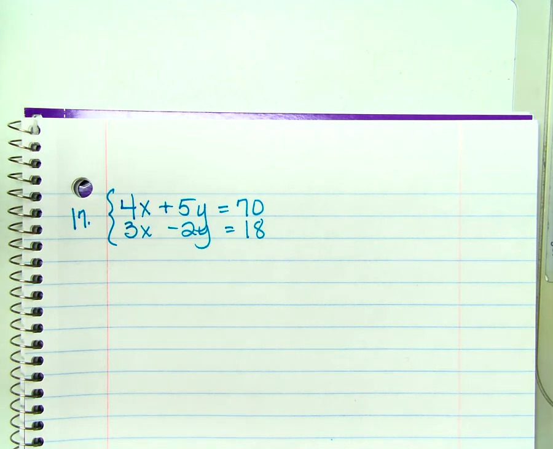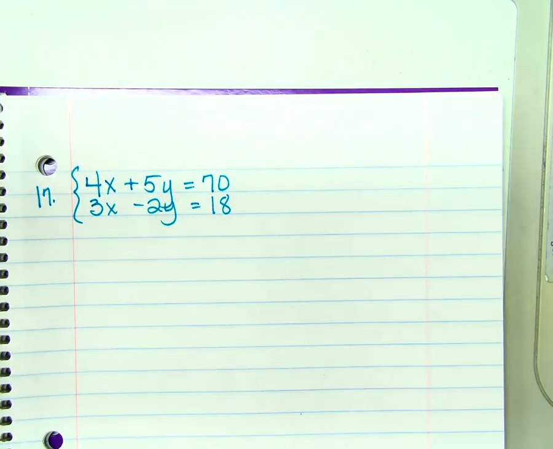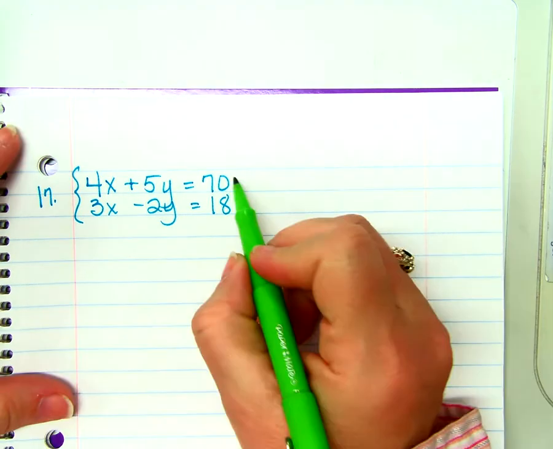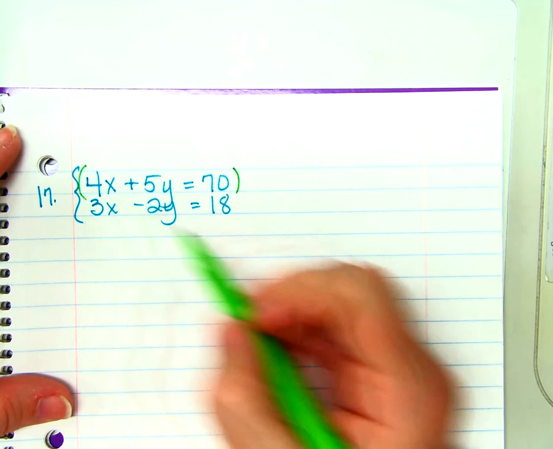But what I want you to realize is that while your x's are the same sign, your y's are already opposite signs, which is what we need. Since the y's are already opposite signs, let's go ahead and eliminate the y's.